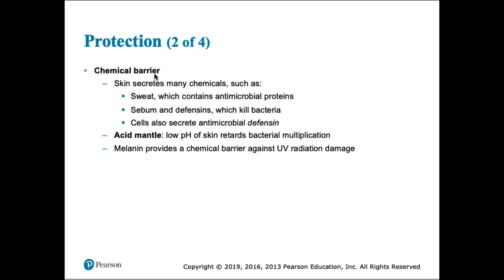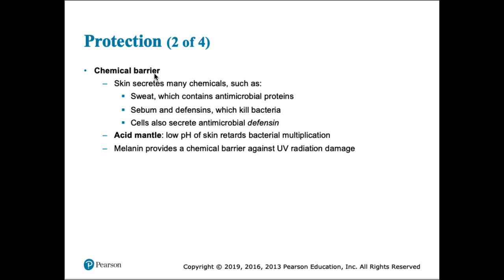Basically the low pH of skin retards, or basically stops or slows, I should say, bacterial multiplication. So if you get a ton of, I don't know, E. coli on your hand, right? Obviously that's bad. But with the low pH of the skin, bacteria need a certain pH to grow in.